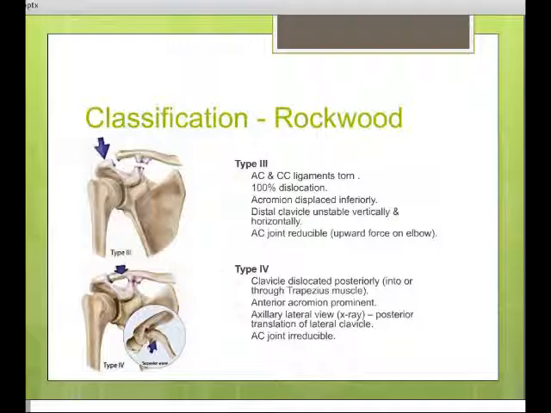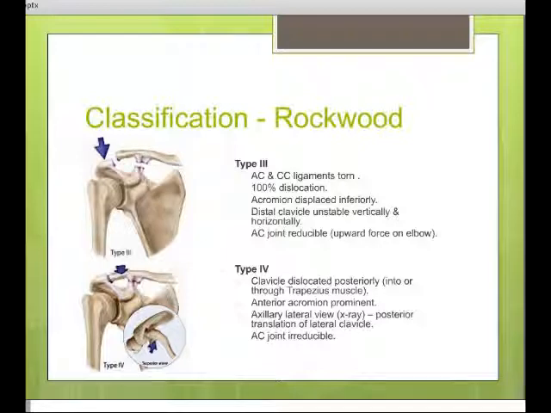And the AC joint is reducible in a type 3 injury. And the way you can reduce it is by applying an upward force while holding the elbow and pushing the upper limb upwards.